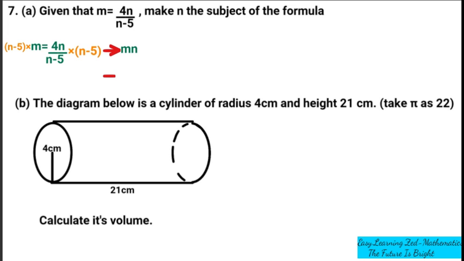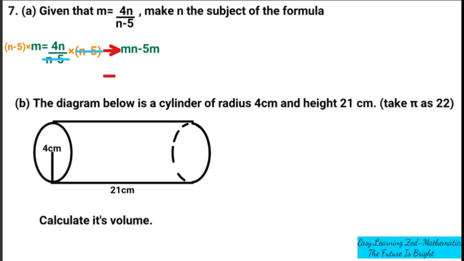Okay, then which is going to be equal to 4n, because we're going to cancel the n minus 5 down and n minus 5 on top there on the right side of the equal sign. Then we remain with 4n. So you know that a denominator can cancel out any number that is on top. That's what we have done there.